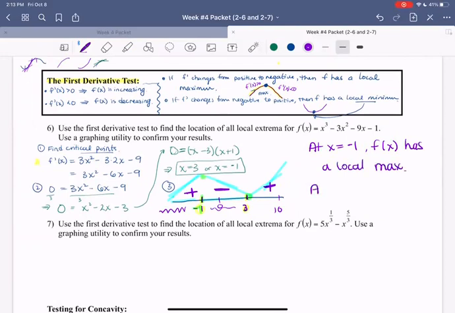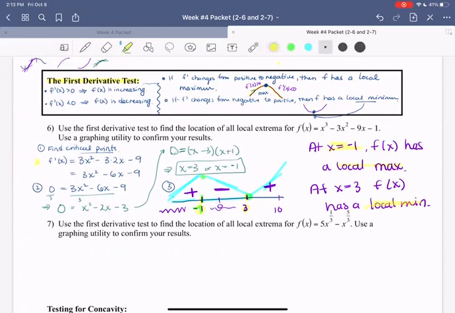And because the derivative goes from negative to positive at 3, at x equals 3, f of x has a local min. Awesome. So we found these two local extrema.